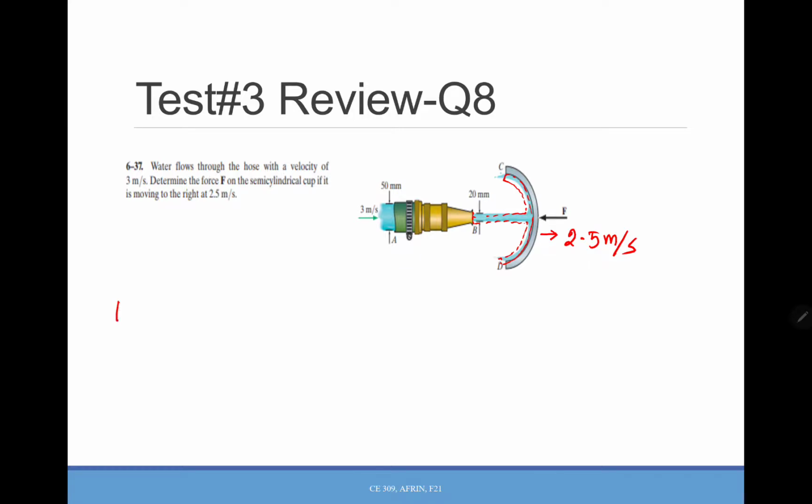So this is the control volume, C, D and B. And these are the velocities, and this plate, this one is like this blade, I guess, semi-cylindrical cup.